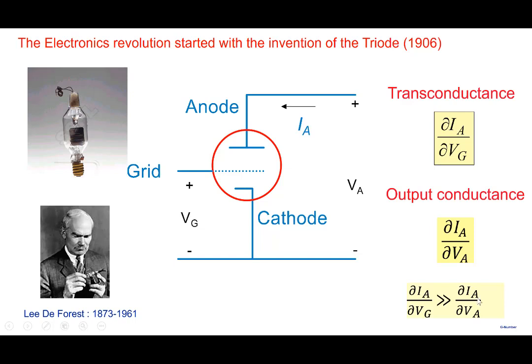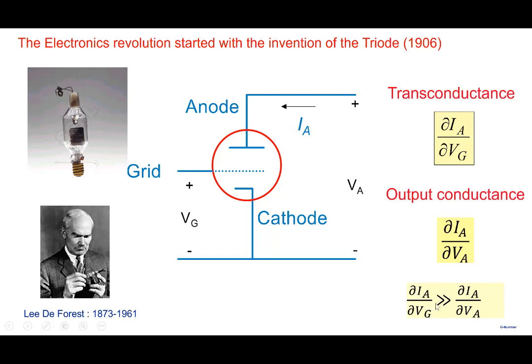And this is a very strange property if you think about it, because normally you would expect that any current flowing between a pair of terminals would be quite sensitive to voltage applied across the same pair of terminals, and should be less sensitive to voltage applied across some faraway terminal here, right? But this is just the opposite. The anode current is much more sensitive to grid voltage, a faraway terminal, as compared to the anode voltage itself.